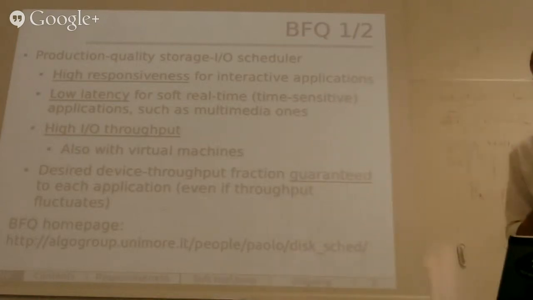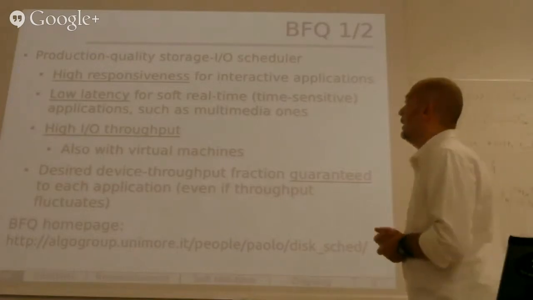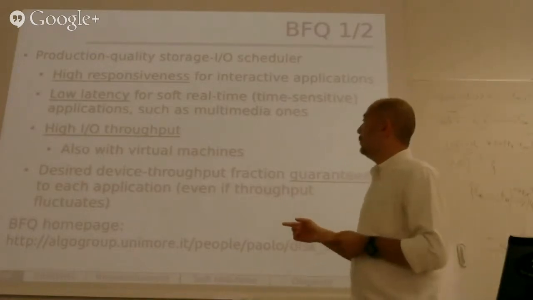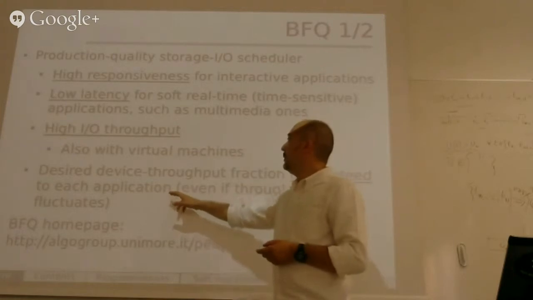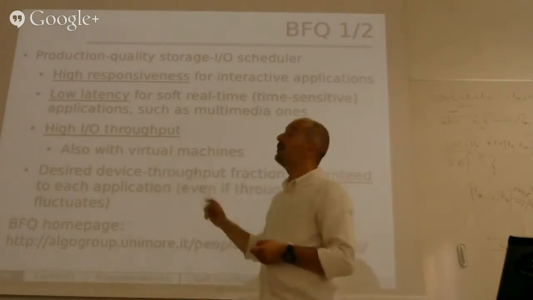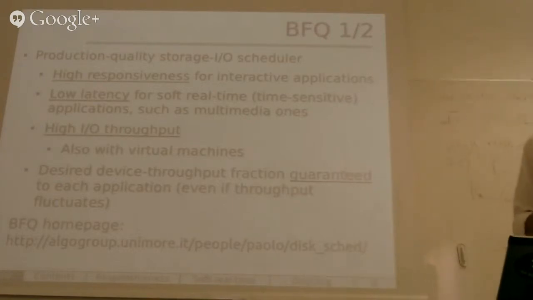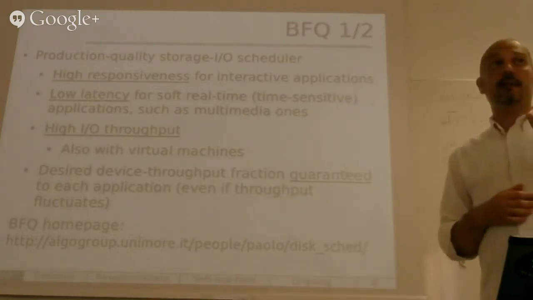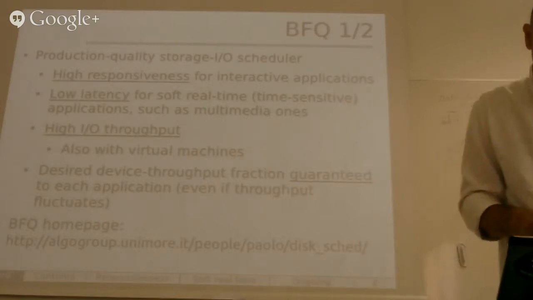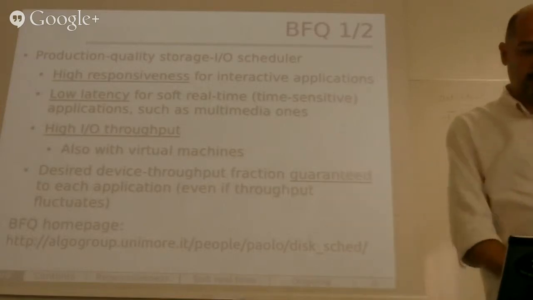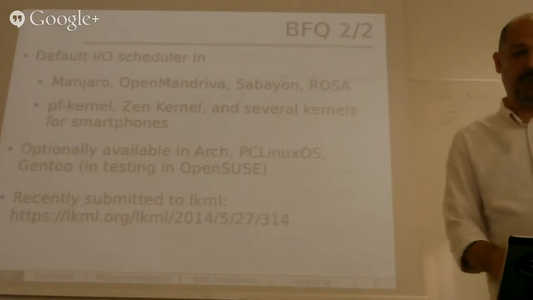Another characteristic of BFQ is that it guarantees to each application the desired fraction of the device throughput, which is different with respect to guaranteeing the desired fraction of the device time. Okay, there is the link to the home page.